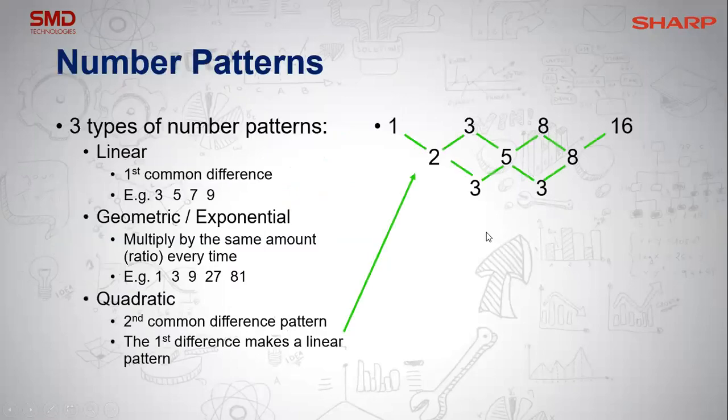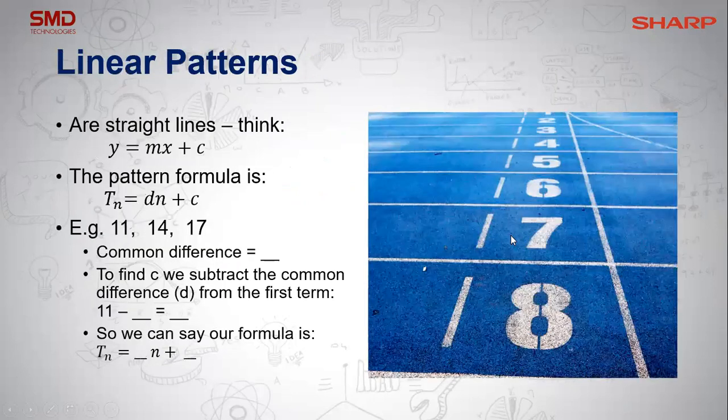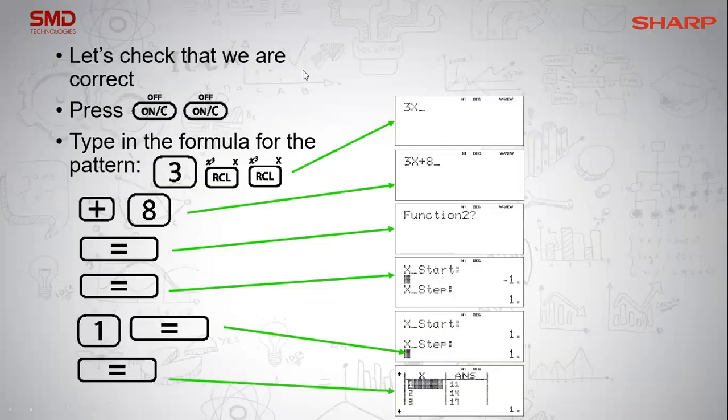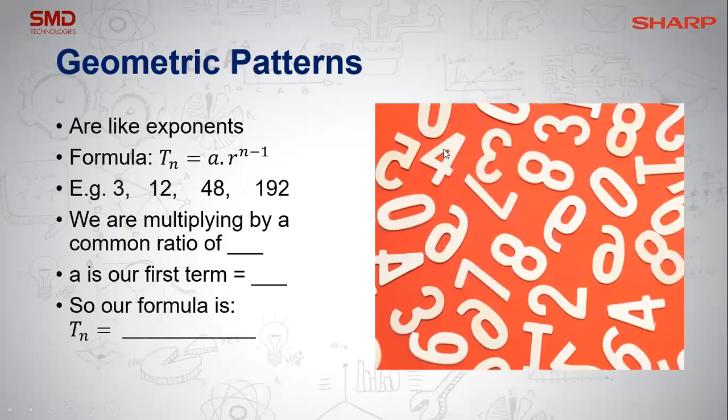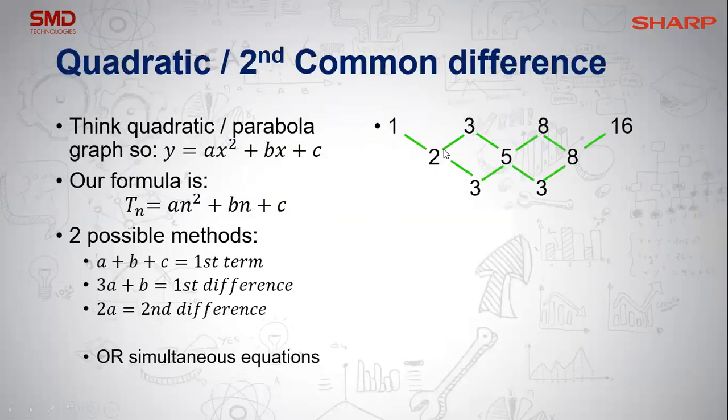Okay, so number patterns, there are 3 different types of number patterns, and I want to jump through. So I've put the linear number pattern here through to the geometric pattern, but what I want to really talk about is the quadratic pattern. Okay, so there are 2 methods that you can use to solve for your quadratic formula.